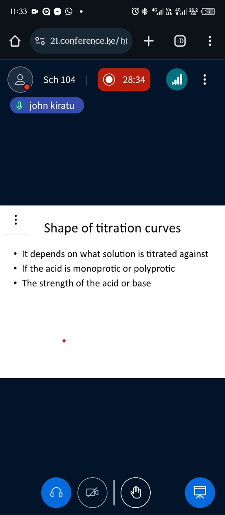What that means is, let's say for instance we have an acid with two hydrogens, such as sulfuric acid.